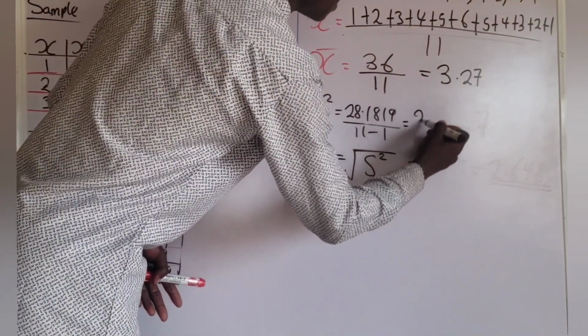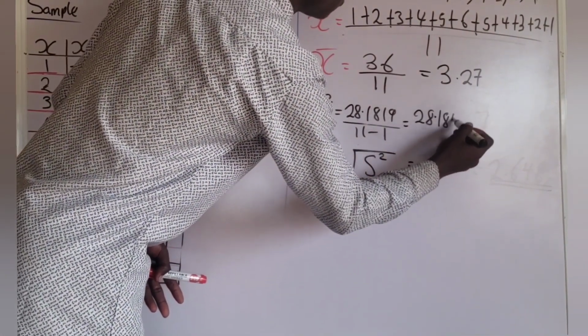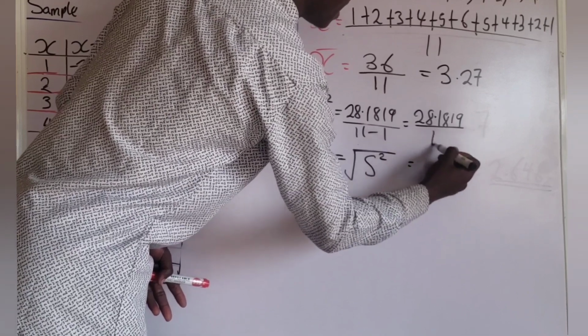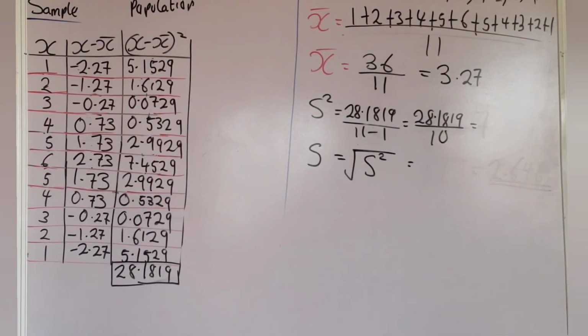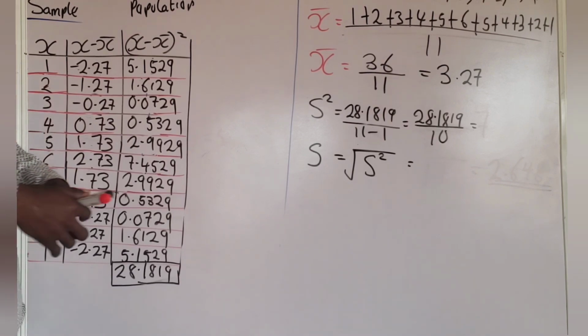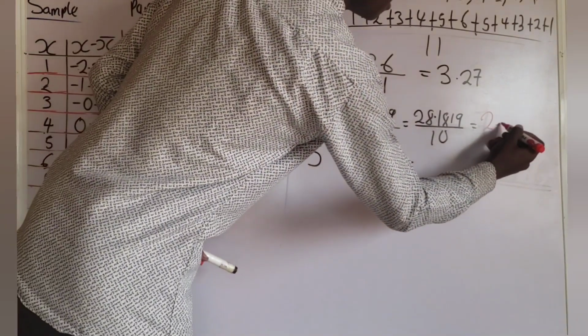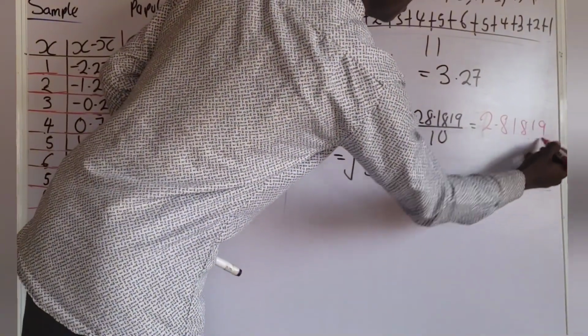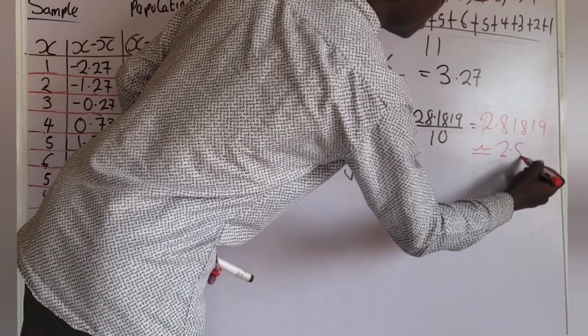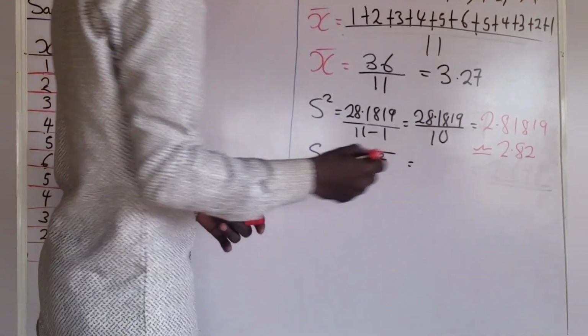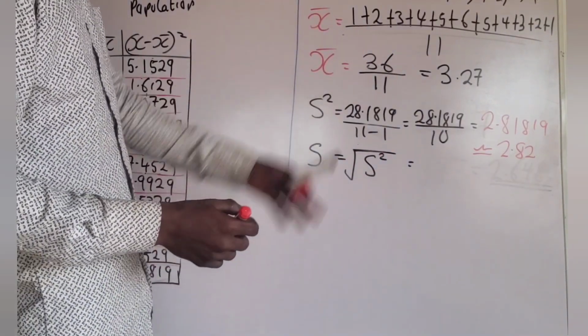So here I'm going to have 28.1819 all over 10. 28.1819 divided by 10 will be 2.81819. So I can approximate it to be 2.82. Okay, that is the variance of the population.